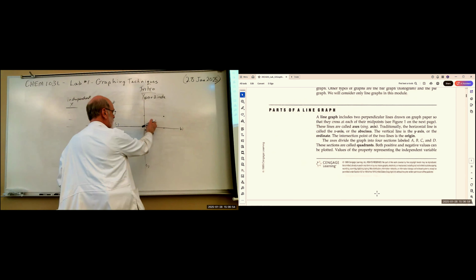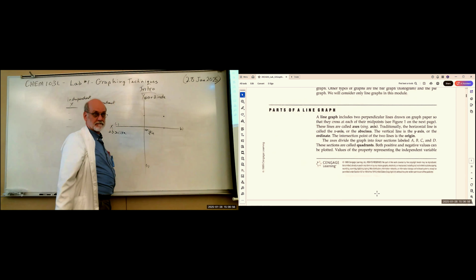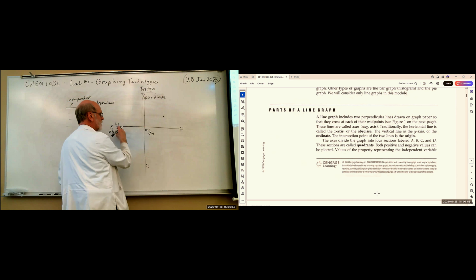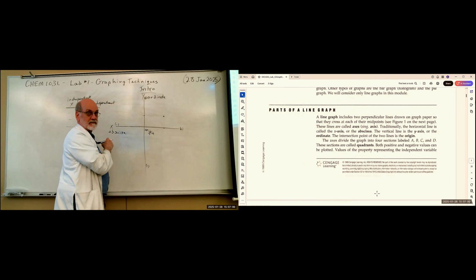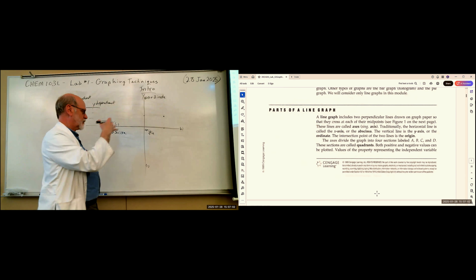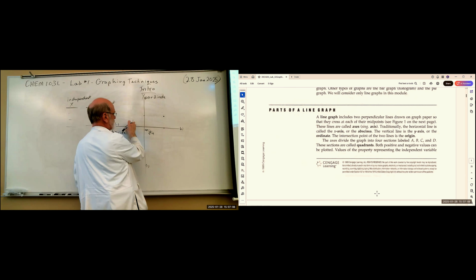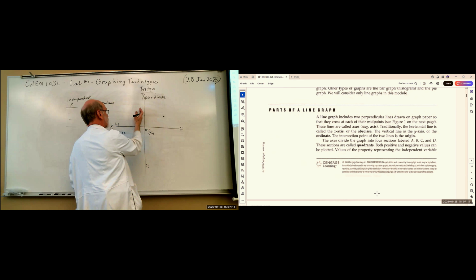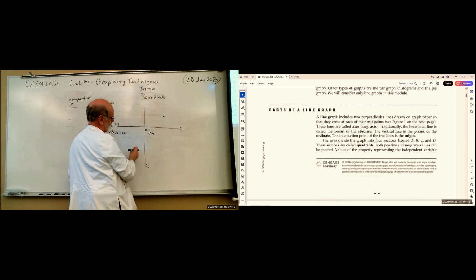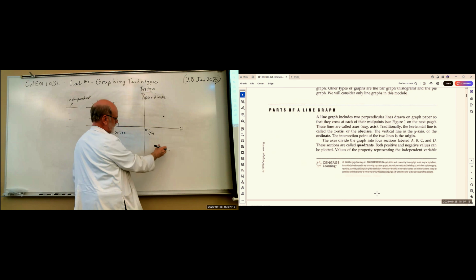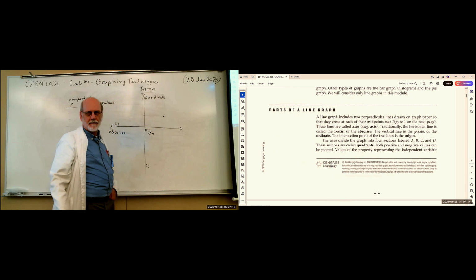So every value up here is positive, positive. Values over here are positive, negative. And the rest of them, of course, negative, positive here, positive, positive here, negative here. And this one would be negative, negative, and this one would be positive, negative.